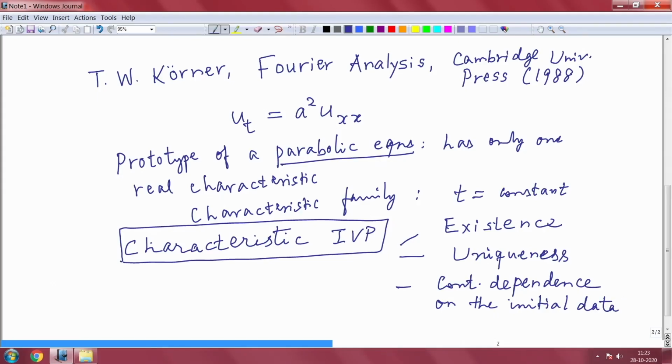When we are dealing with a characteristic initial value problem, there could be a problem with any of these three things.